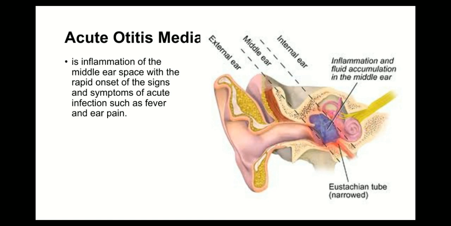So acute otitis media is a form of otitis media because otitis media has many forms, but acute otitis media is one of the most prevalent conditions in early childhood, so we included it in our video discussion today. So what are the factors that cause acute otitis media in children?